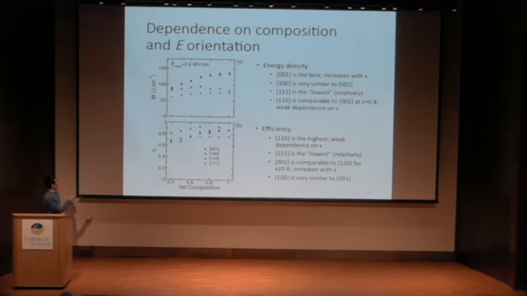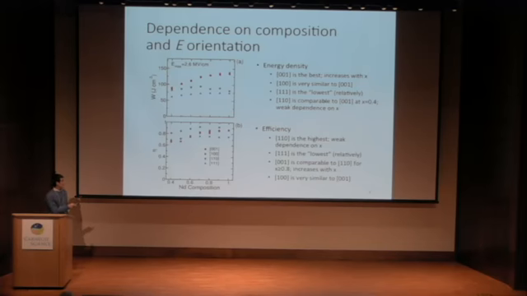And the 100 field is basically very similar to the 001 case. And relatively, the lowest energy density is given by the 111 field. The 110 field has a comparable energy density to the 001 case when the composition is about 0.4, but it has a weak dependence on composition.